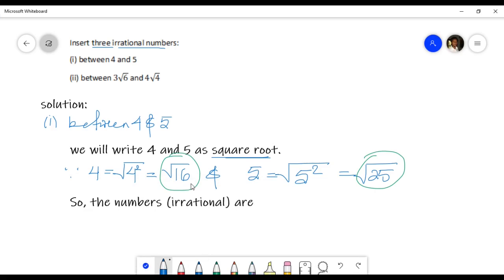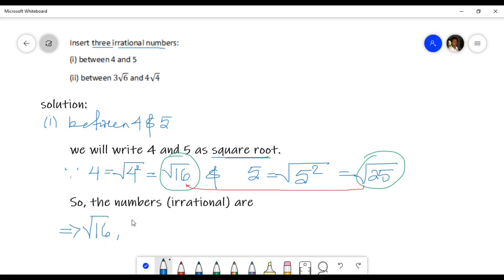So the irrational numbers will be between root 16 and root 25. Okay, so we'll have a whole group of irrational numbers between root 16 and root 25.